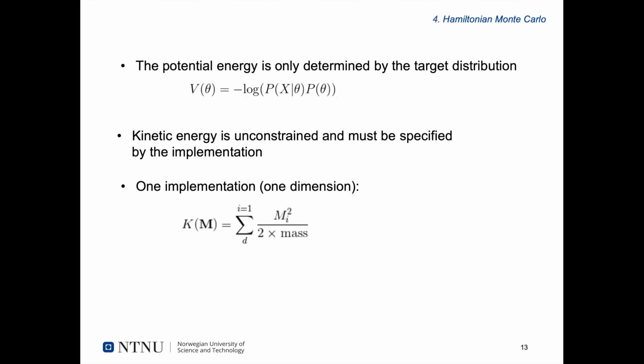That's what the subscript i here corresponds to. I'm going to assume d equals 1 and mass is equal to 1 just to simplify the following explanation. In this simplest case, K of m is just equal to half of m squared. Thus, the probability density P of m can be recognized as a standard normal probability density.